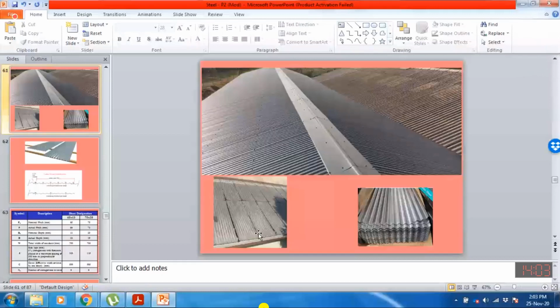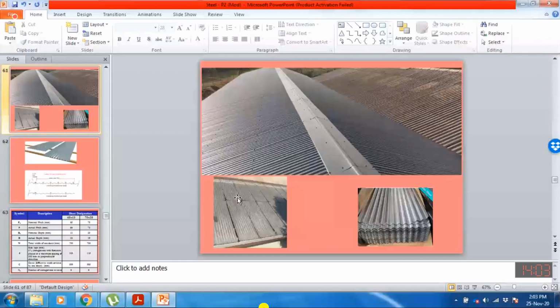We need to connect the side lap at a distance of 300 millimeter, and at the ends we also need to provide the bolt, and this bolt spacing will be maybe 1.5 times the side lap spacing, or maybe that value is 219 millimeter that we have already discussed.